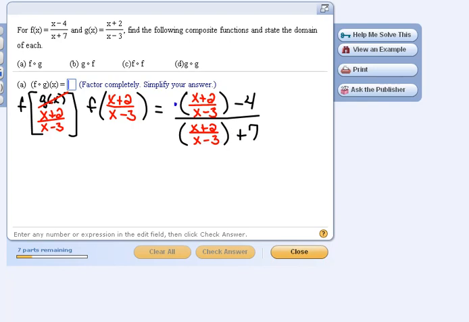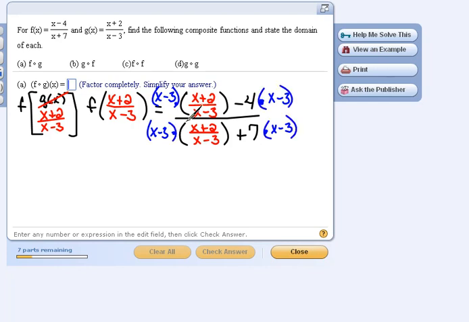The LCD then would be x minus 3. So I'm going to show that I'm multiplying through by x minus 3. I'm going to do that in blue so we can see that I'm actually multiplying by that binomial. I could even put parentheses so we could see that.